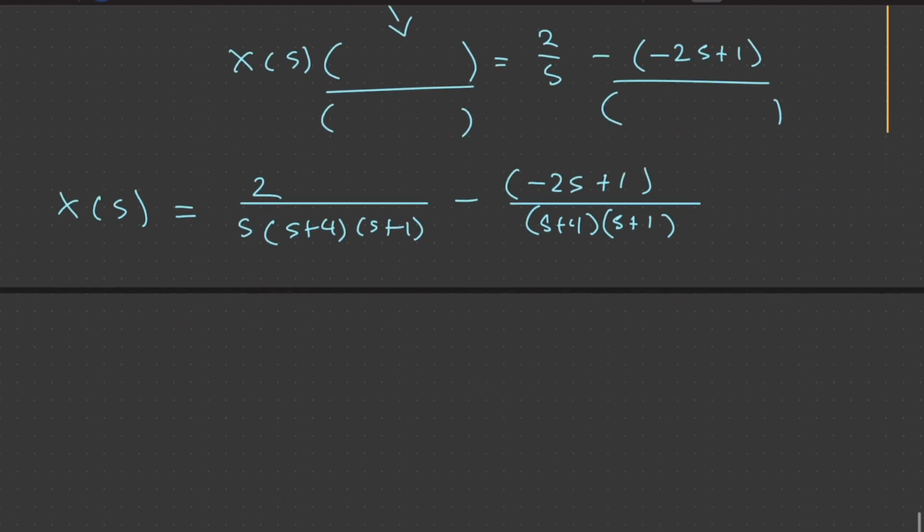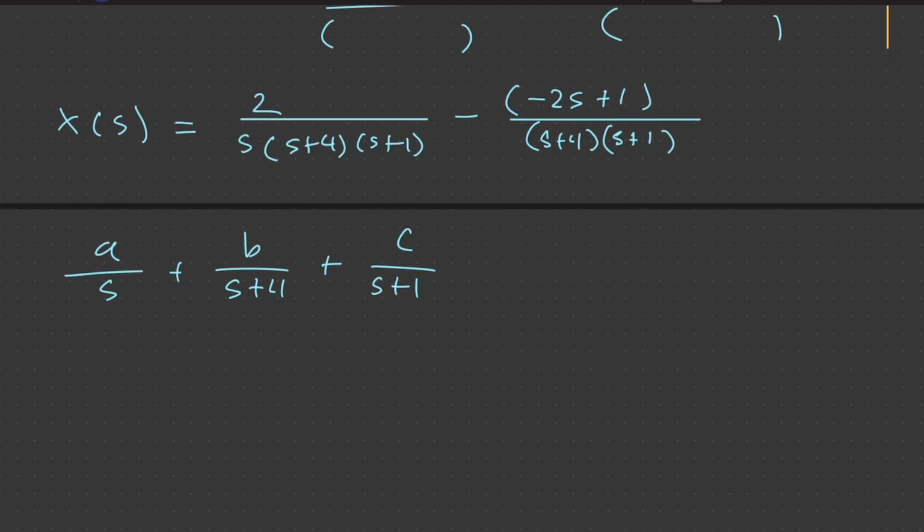Now, let's go ahead and do partial fraction decomposition. We're going to do a over s plus b over s plus 1, sorry, doing this all wrong, b over s plus 4 plus c over s plus 1.